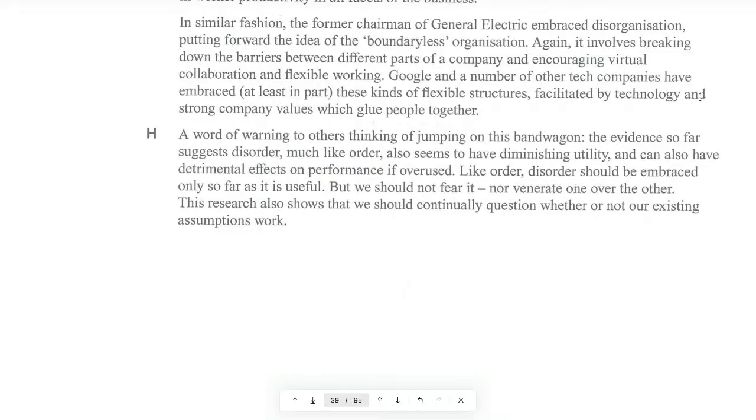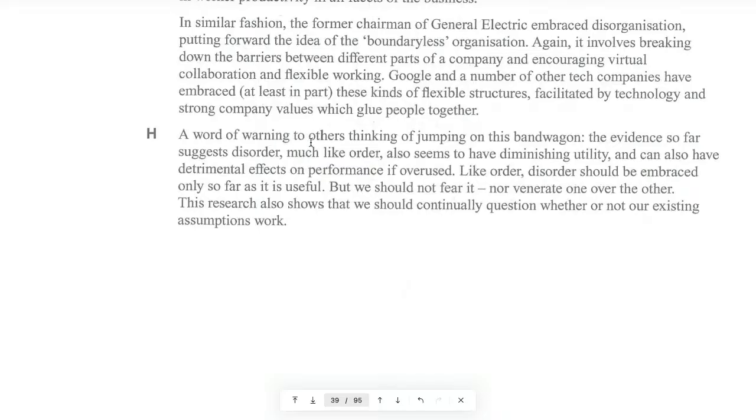The evidence so far suggests this order, much like other, also seem to have this diminishing utility and can also have detrimental effects on performance if overused. Yeah, not enough. Like other, the shoulder should be embraced only so far as it is useful.